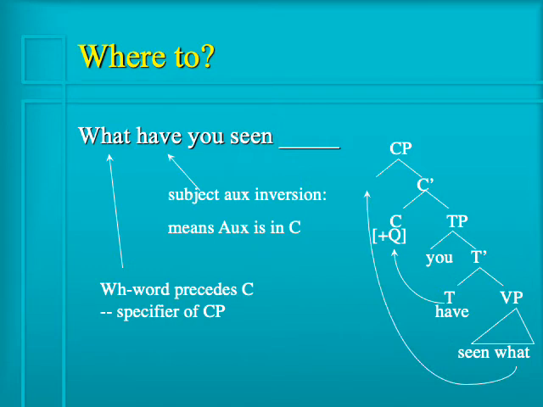And have, the auxiliary have, moves to the C position. This was already covered in chapter 10, I think. C has a plus Q feature because it's a question sentence. And in order to satisfy this plus Q feature, we need to move tense. And that's a head movement, T to C movement. And when you have a WH, you have an additional movement where WH goes to the specifier position of CP.